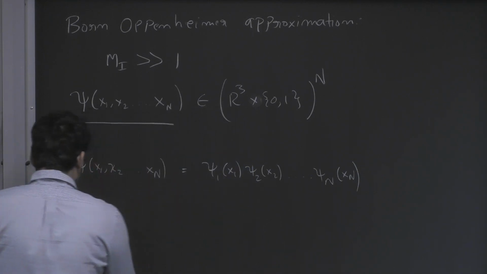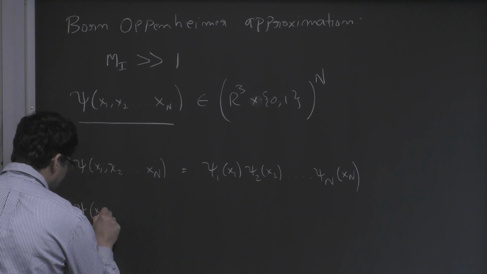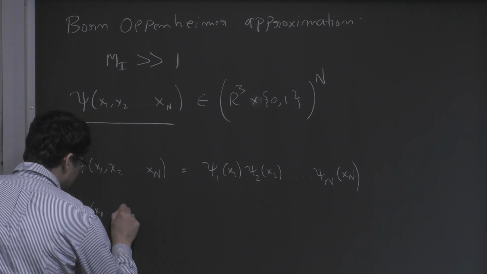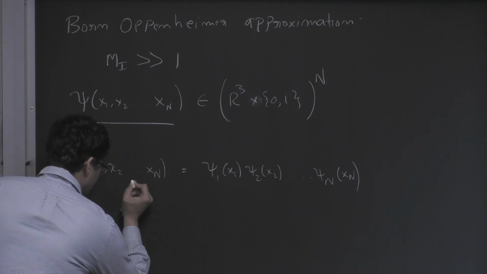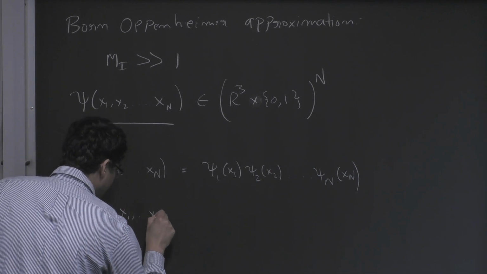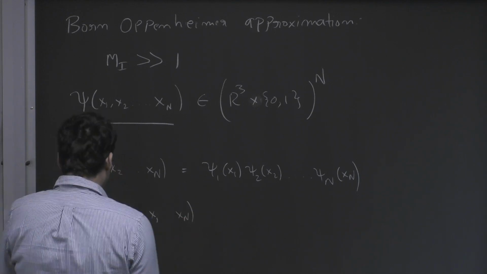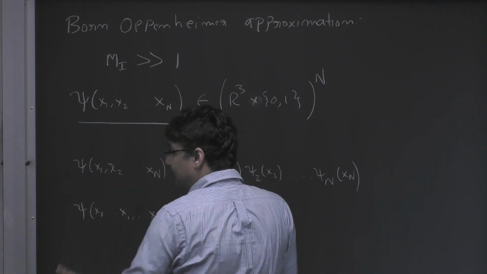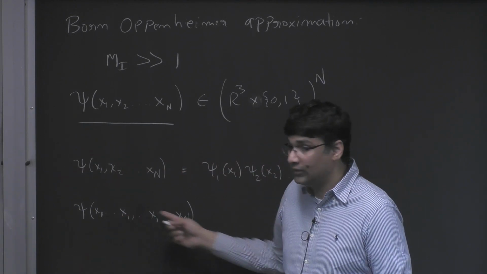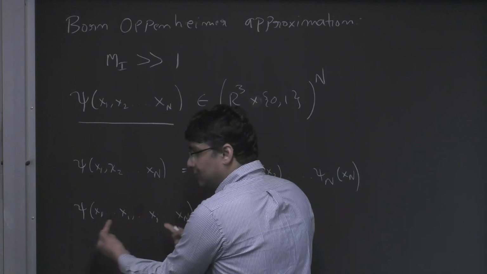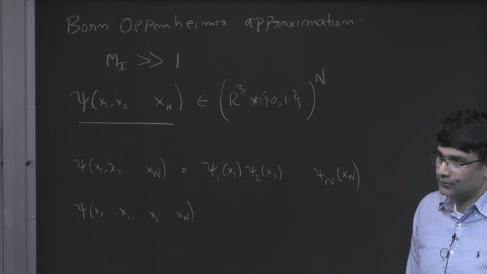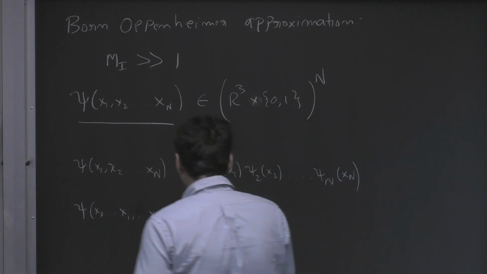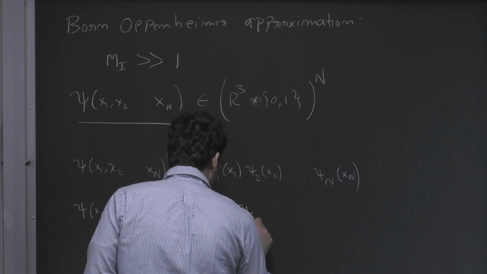The antisymmetry says that if you consider a multidimensional wave function and take any two indices over here, because all the electrons are identical particles, if you flip the positions of the electrons or the spins, you end up getting a negative sign.